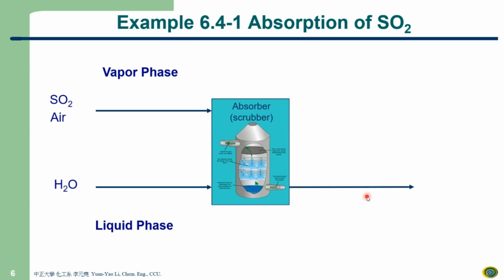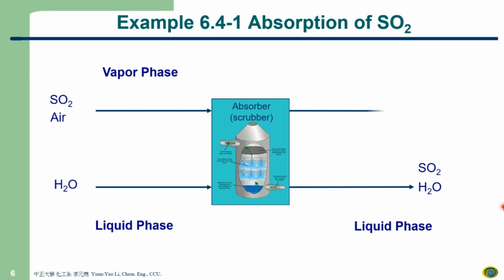And then what you expect is you have dirty water, and then clean air. So the liquid phase comes out with SO2 and H2O because this dissolves. There's no chemical reactions involved.